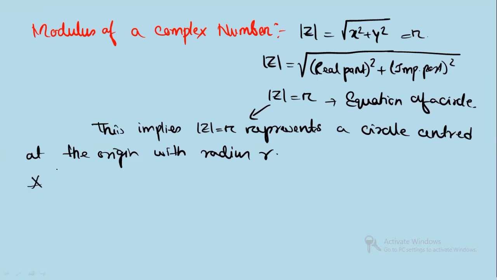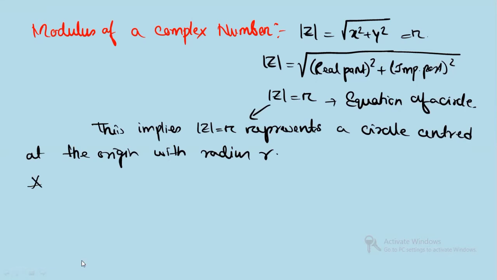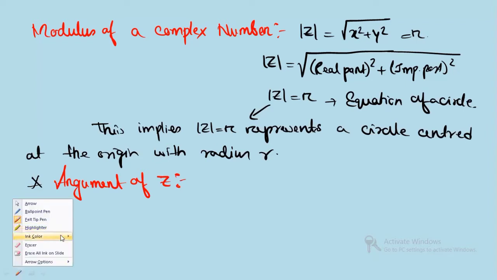And the next important thing that you have to know is the argument. How can you find the argument of z, or the argument of a complex number? The argument of z is denoted by theta, right?